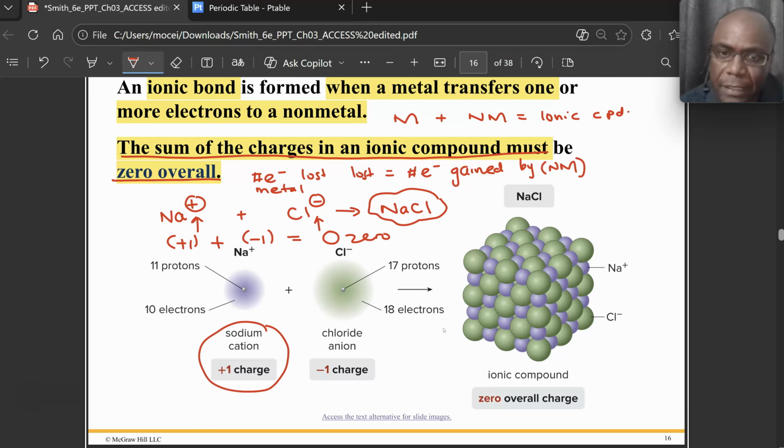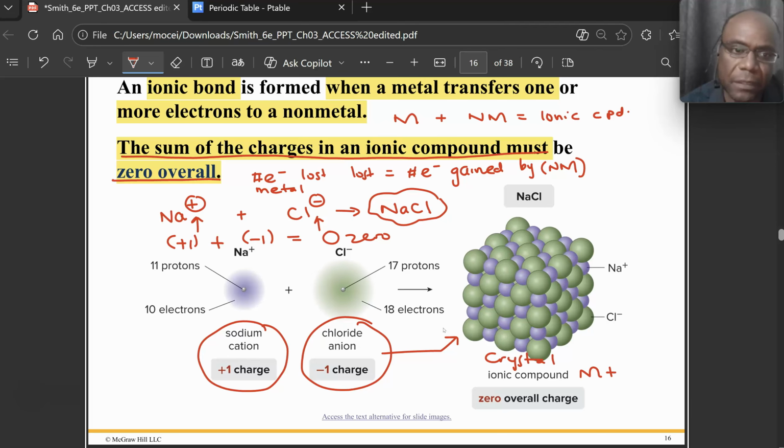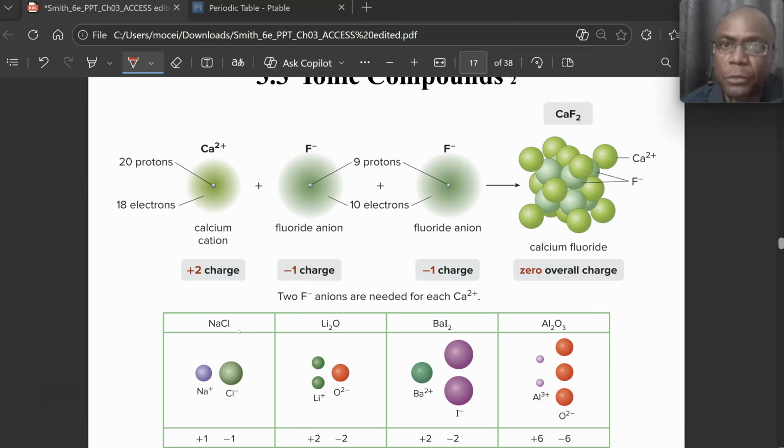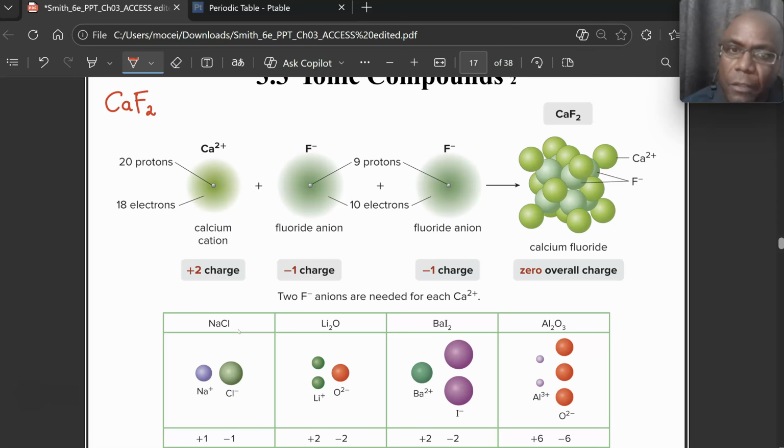Sodium cation has a charge of +1, chloride is -1. They meet and combine to give you a crystal lattice, which is an ionic compound because we combined metal and nonmetal, and the overall charge is going to be 0. They cancel out. Another example is calcium and fluorine combining to give you calcium fluoride.